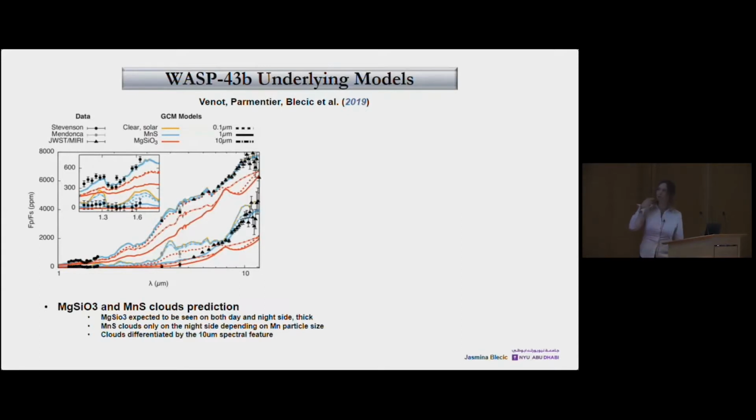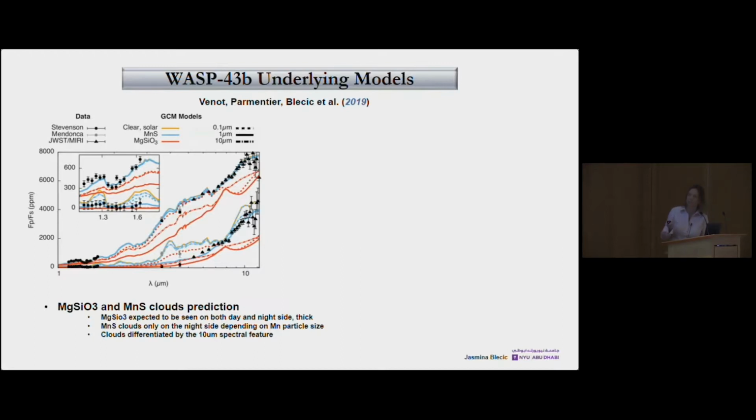Here I'm showing you the GCM models from Vivien for different particle sizes and for clear and cloudy cases for magnesium silicate and MnS clouds. The dots are Spitzer and HST data, while the triangles are JWST data.